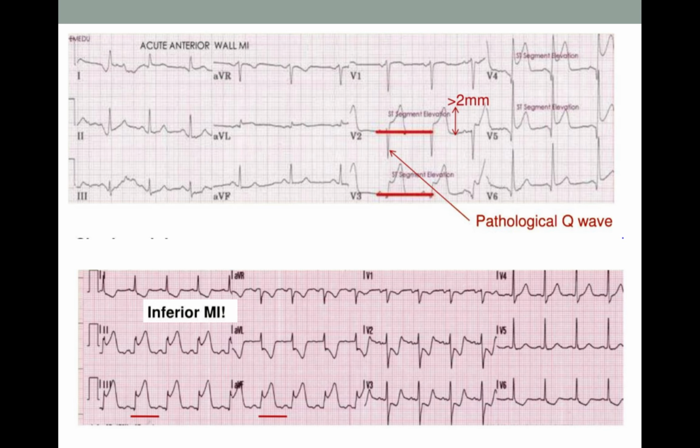Also important terms: reciprocals and contiguous leads. People always say MI in two or more contiguous leads for the ST elevation to be significant. So you have to understand the meaning of contiguous. Contiguous and reciprocal are very important, at least at the very basic level of interpreting ECG with ST elevation.